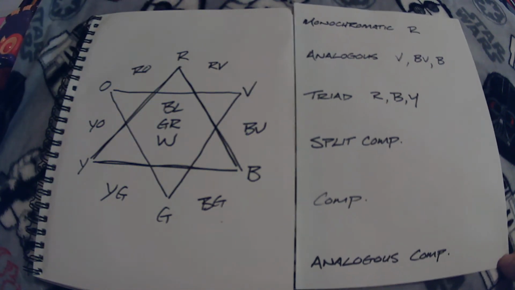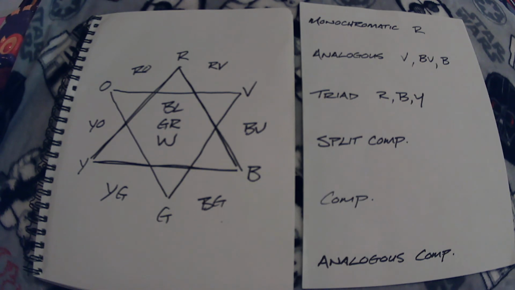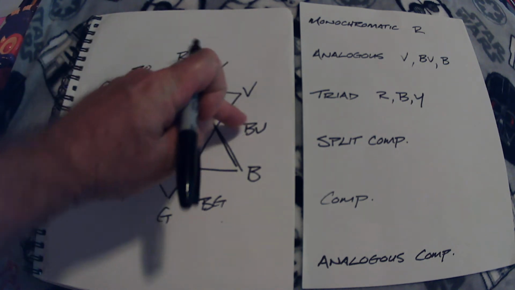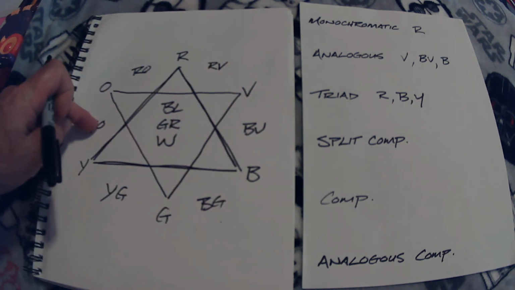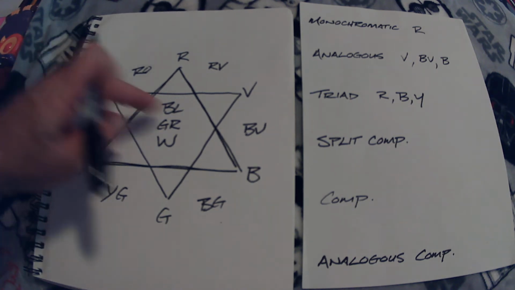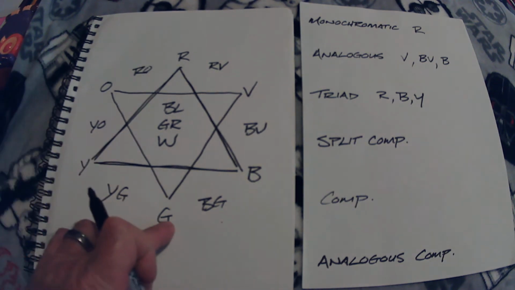All right, split complement. Split complement also works anywhere on the color wheel. You pick a color on the color wheel, you go straight across the color wheel, and you split. So let's say I start with blue-violet over here. I would go straight across the color wheel, and I would split on the other side. So blue-violet, orange, and yellow.